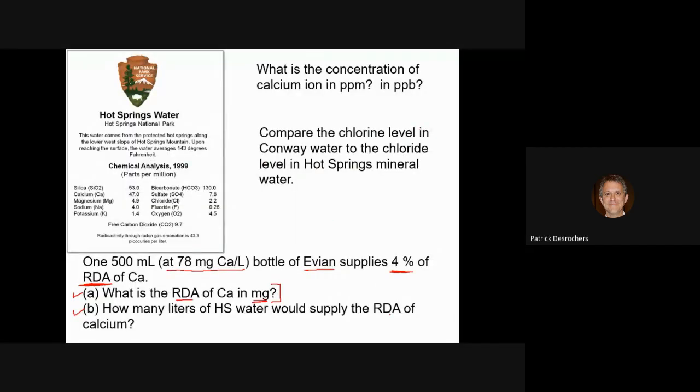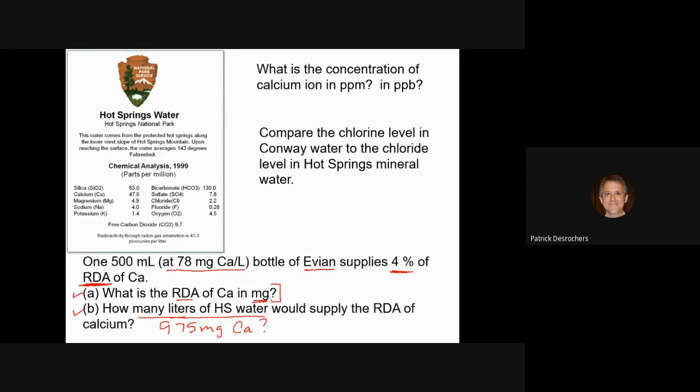All right. I want you to do basically the same thing. This time I want you to do it with hot springs water. How much hot springs water would it take to supply, what did we say it was, 975 milligrams of calcium?